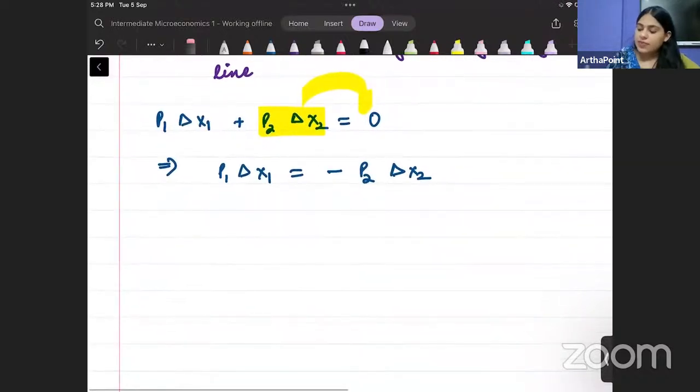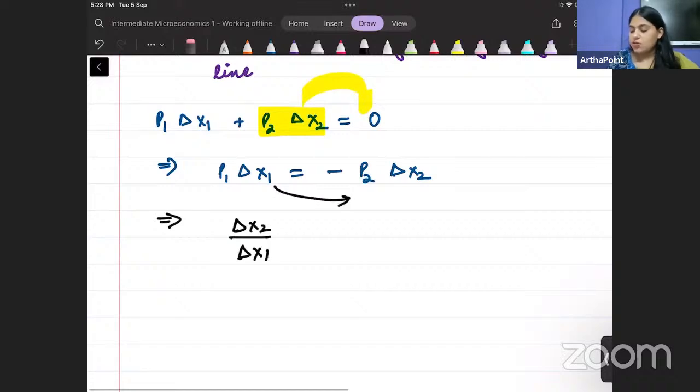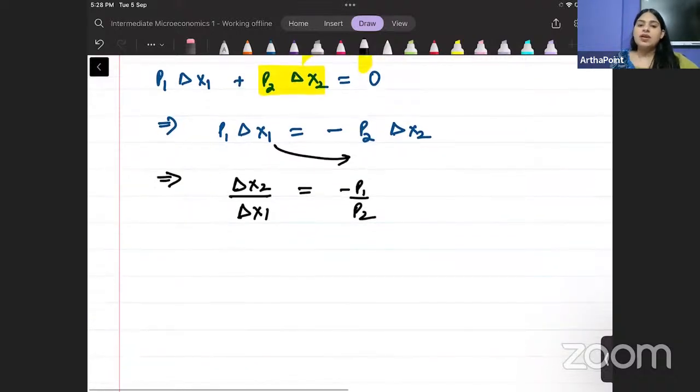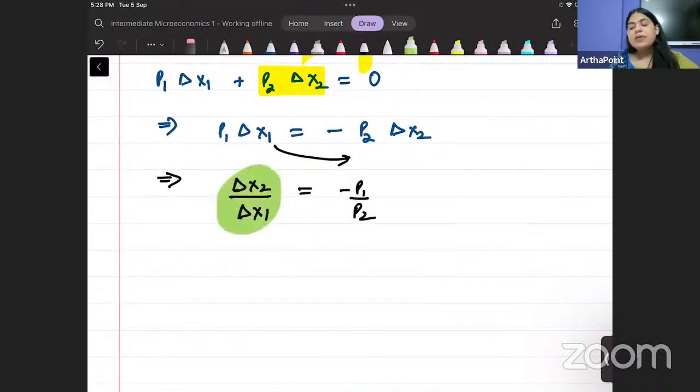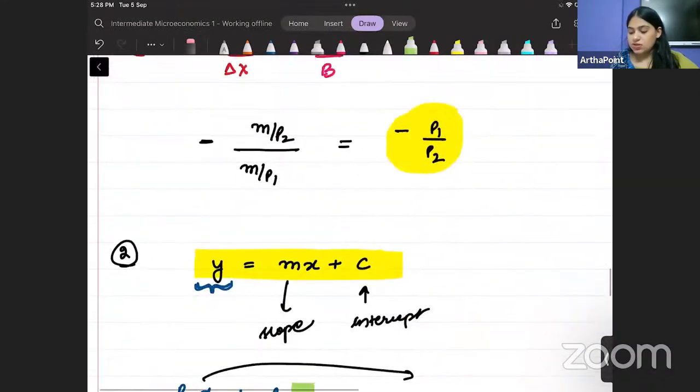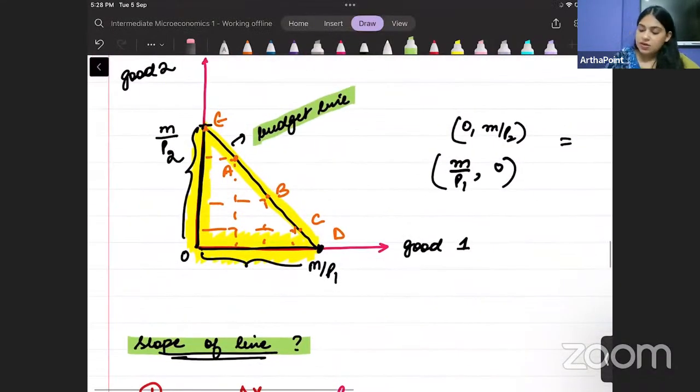So what will I get? Beta, from here I will get change in X2 by change in X1, इसको यहाँ ले आओ, will be minus P1 by P2. Now, ये क्या है? Perpendicular by base तो है. Just notice here. What is the slope, beta? What is the slope between A to B?